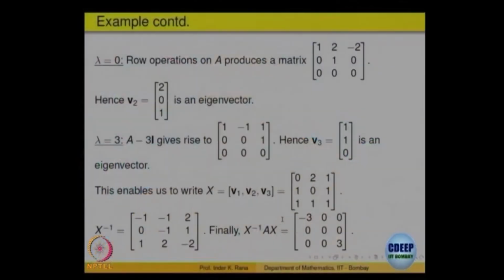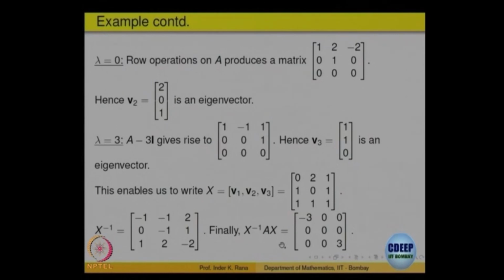So, once that is done, you check that X inverse AX is equal to this diagonal matrix, or simply AX is equal to X times diagonal. If you do not want to compute X inverse, you can just verify that. Okay. So, it is clear.